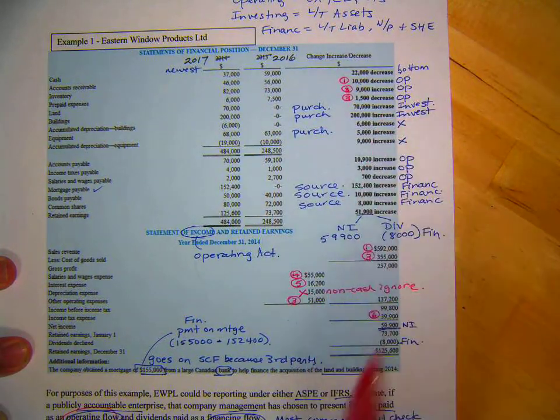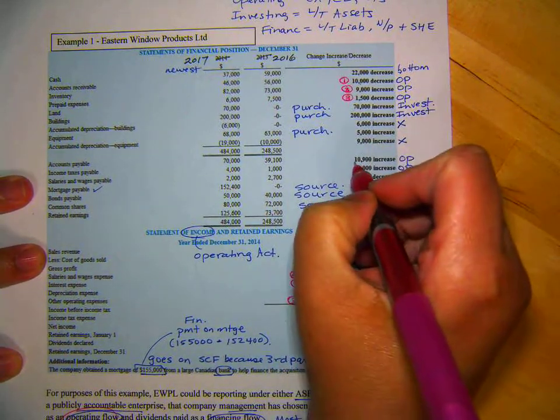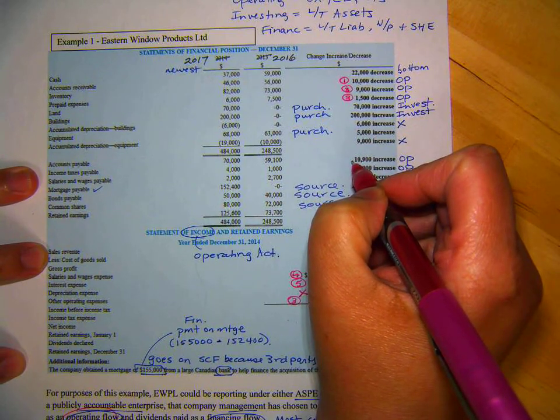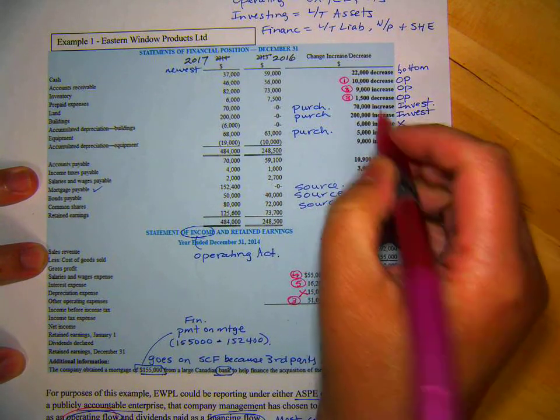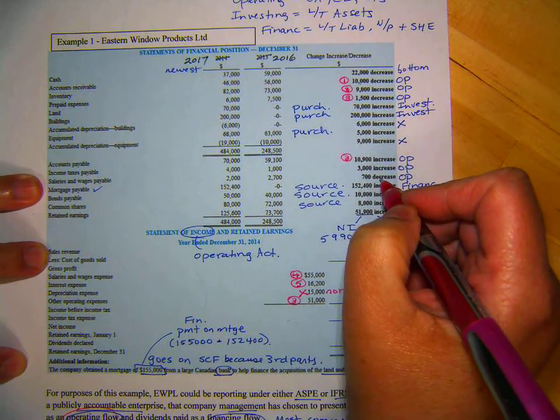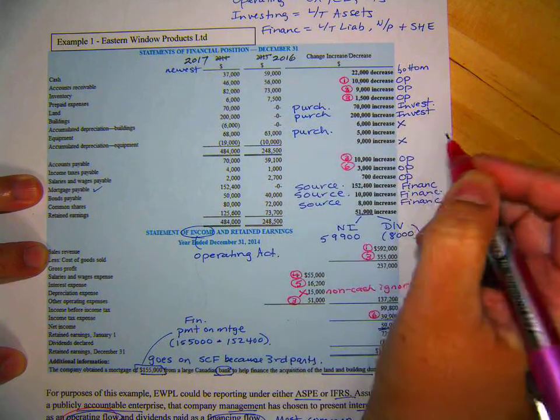And then we have a bunch of investing activities. So now we are at accounts payable. So payable goes in cash payments to suppliers, which is number 3. Income taxes payable goes in our last section, which is section 6.